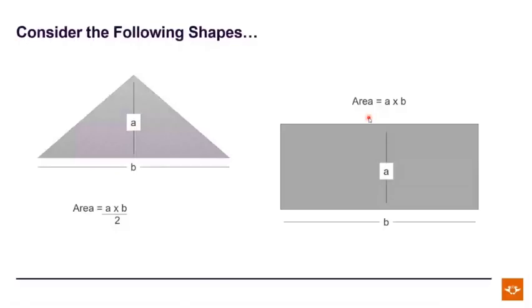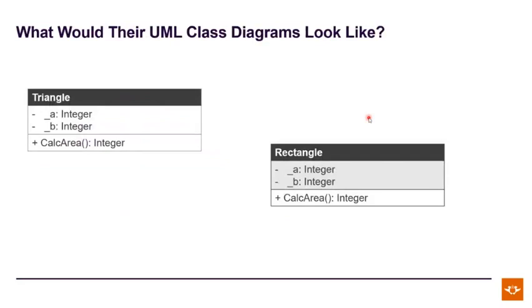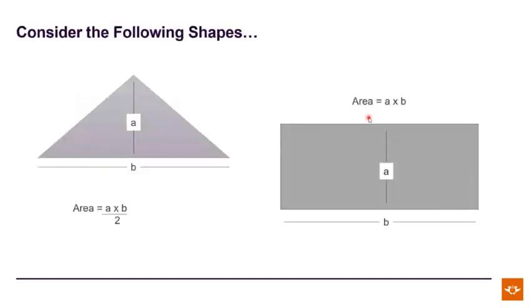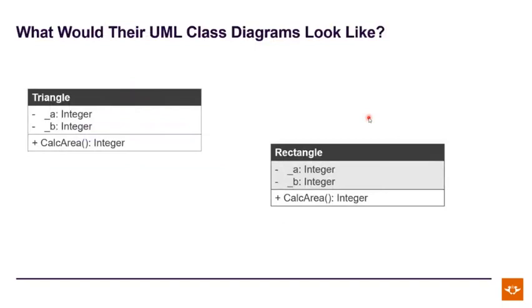So we're going to look at the example of two shapes. Okay. We have a triangle and a rectangle. They both have values A and B, and they both have a calculation to calculate area. So we would have the two UML diagrams like this, correct? To represent a triangle and a rectangle. What is in common?